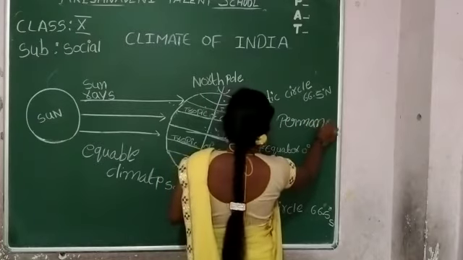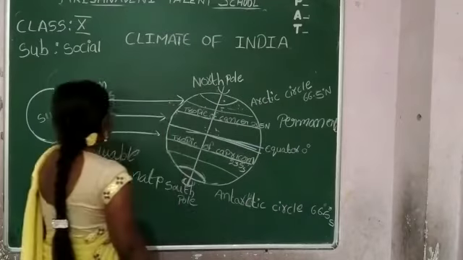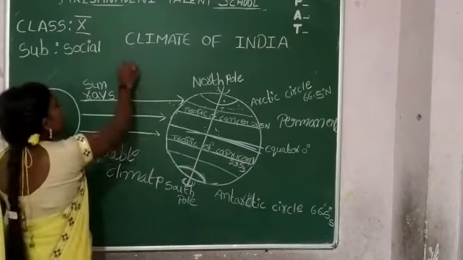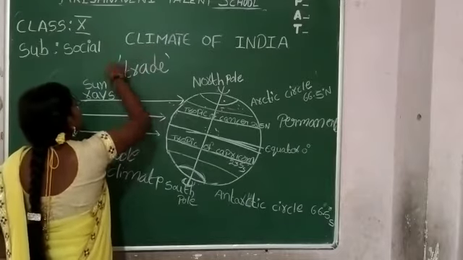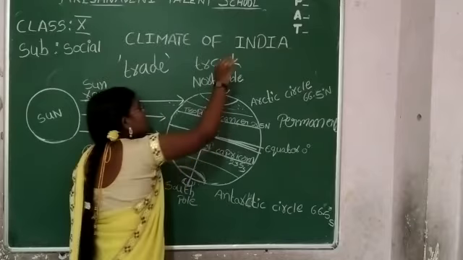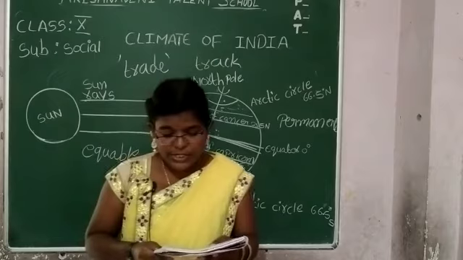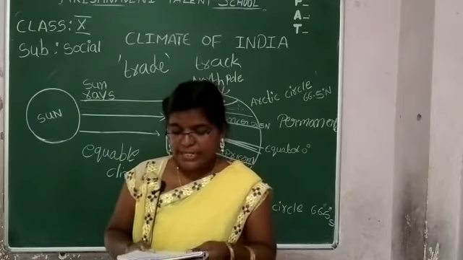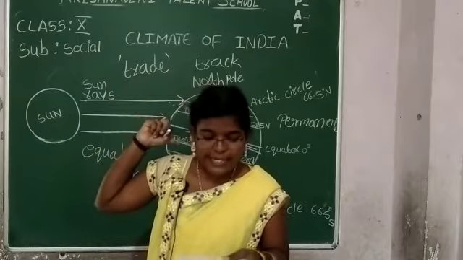Here we are using the German word trade, which means track, that is, steadily in some direction and constant in course. The Indian subcontinent lies in this region of the northeasterly wind.